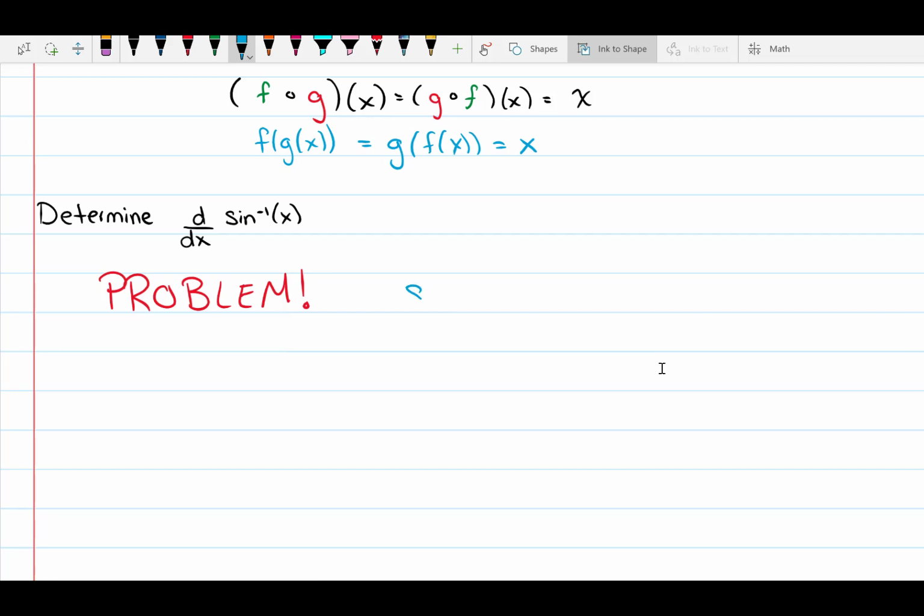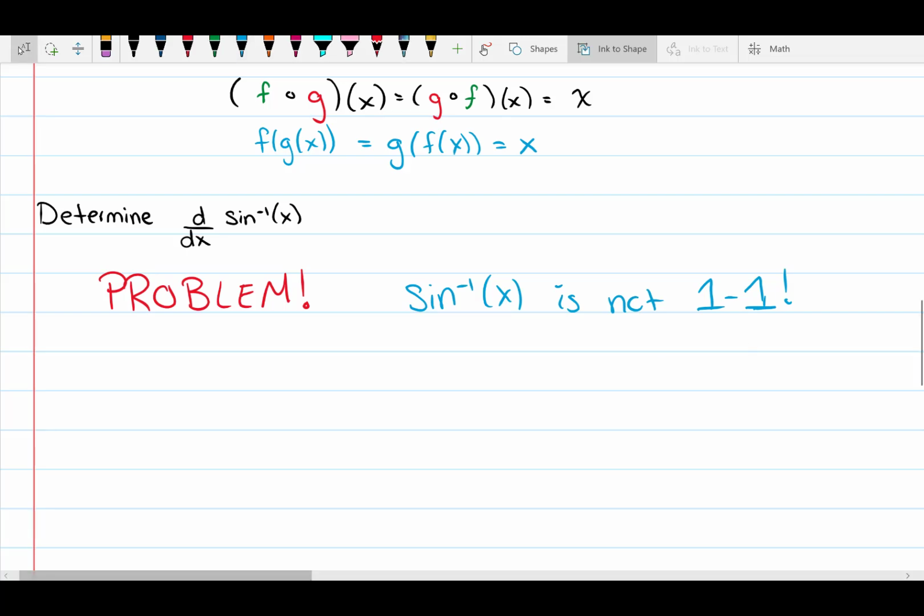The problem is that sine inverse of x is not one-to-one. In order to have an inverse, you have to be one-to-one, but we just saw that sine of x is not one-to-one. So this is a huge problem. We're going to go about fixing this.